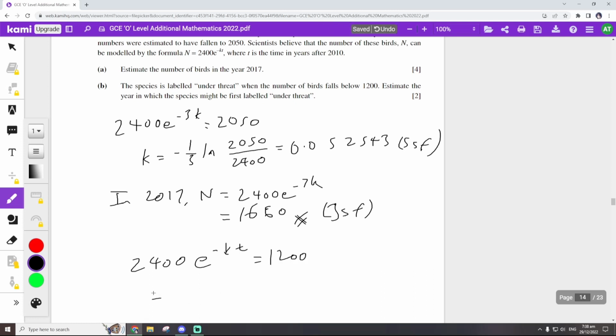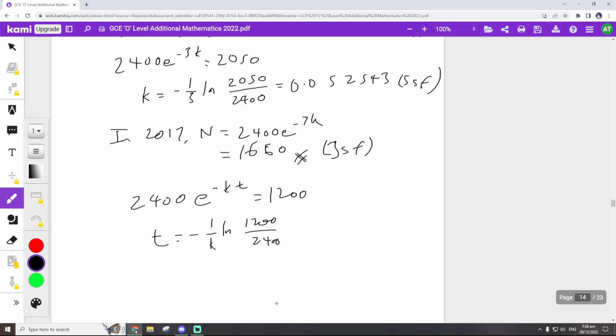So I get t equals minus 1 over k ln 1200 divided by 2400, which of course is just ln 2 divided by k, which is 13.2 in 3SF. So it is 13 years after 2010, so the year will be 2023.